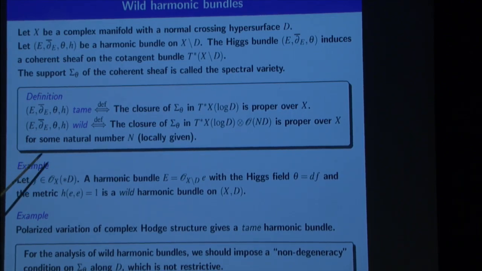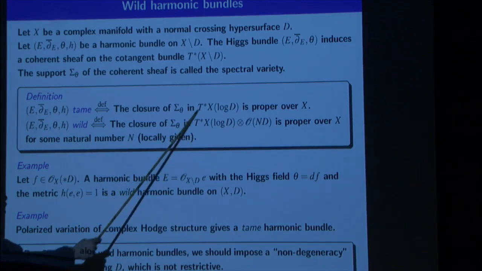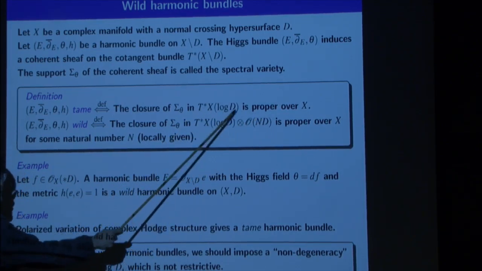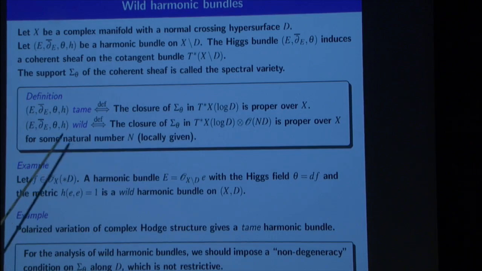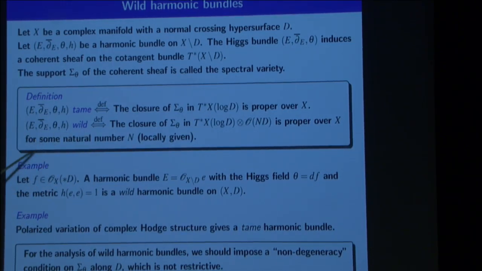And if the closure of the spectral variety in the logarithmic cotangent bundle twisted by O(*D) is proper over X, then the harmonic bundle is called wild. So wild is a bigger class of harmonic bundles. And very roughly, tame harmonic bundles should correspond to meromorphic flat bundles with regular singularities, and wild harmonic bundles should correspond to meromorphic flat bundles which are not necessarily regular.